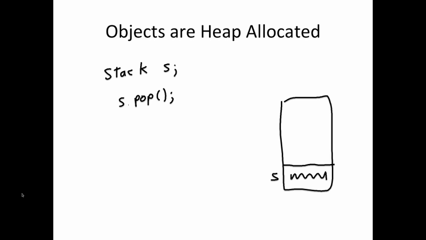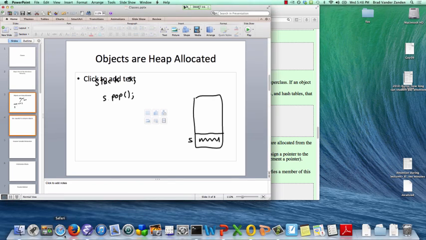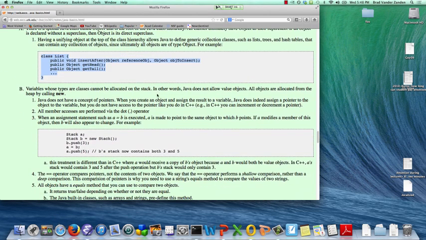The second thing you need to be careful about is what happens when you do assignment. You can see here we have some code that declares two Stack variables, A and B. If we were to draw the stack frames, we would see that maybe this is the stack frame for main, and we would have A and B, and A is null, and B is made to point to some Stack object.